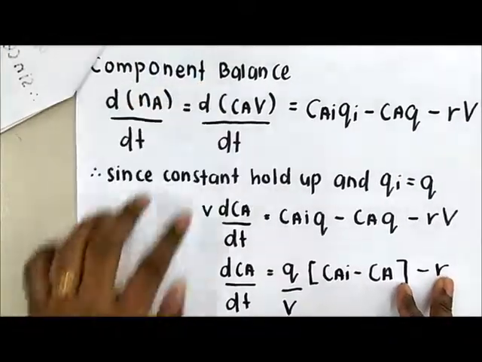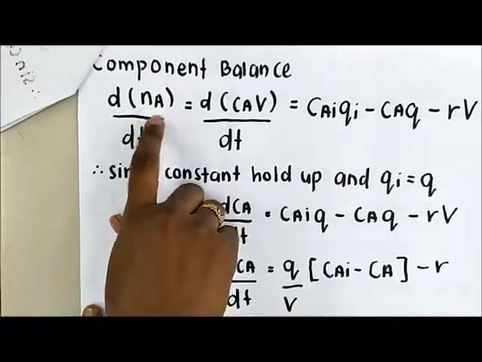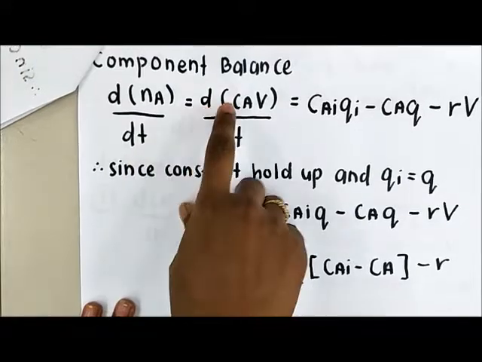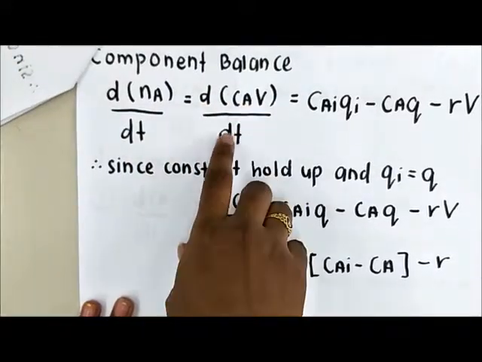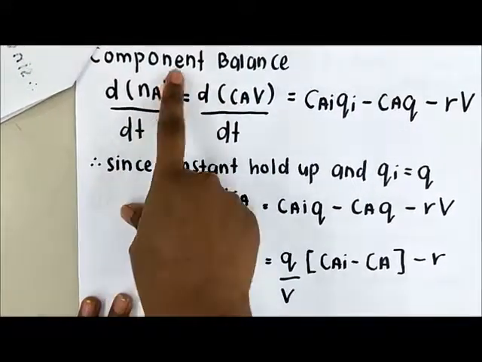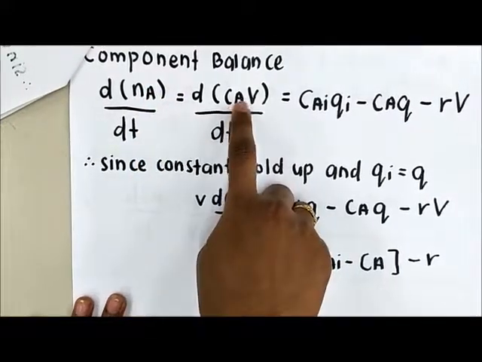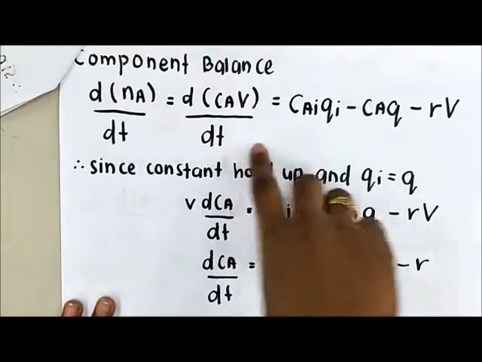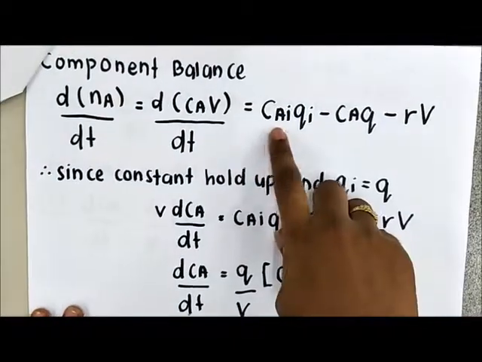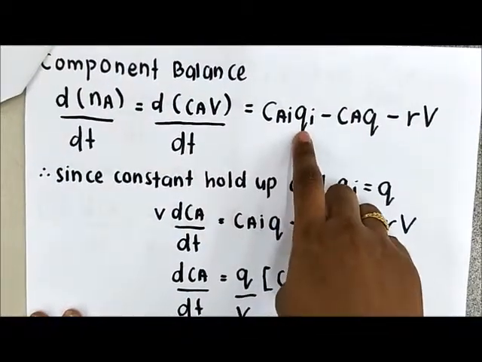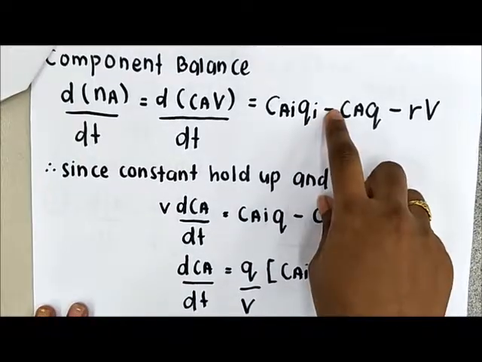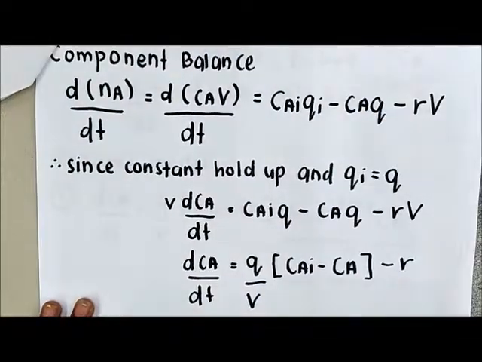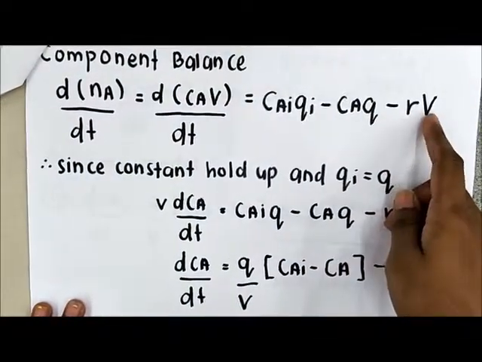For the component balance, dNA over dt will be equal to d(CV) over dt. NA will be the number of moles, CA will be the concentration and V will be the volume. Which is equivalent to CAi times Qi minus CA Q minus RV.